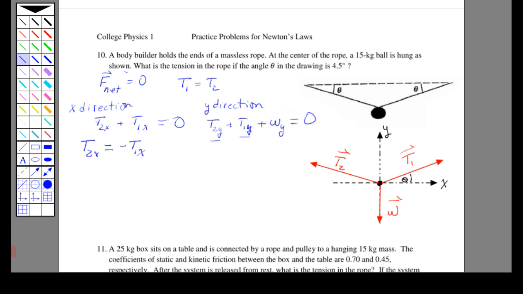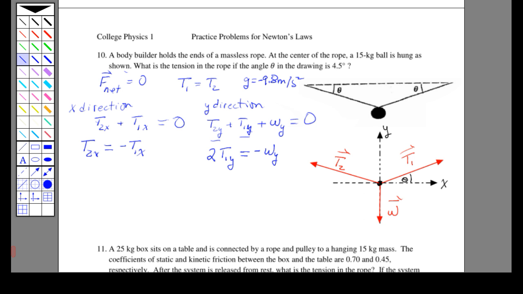So I can replace them with a single term, which is 2 times T1y. And this is going to equal minus the y component of the weight. Here I'm going to keep the acceleration due to gravity as negative 9.8 meters per second squared.